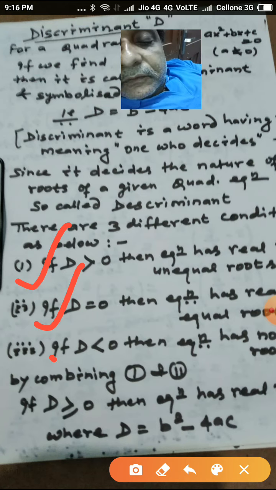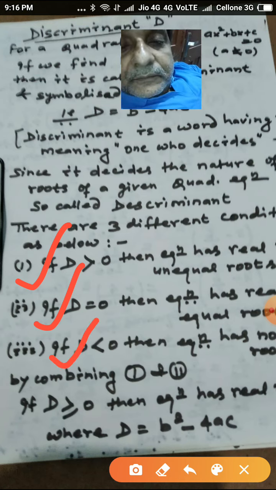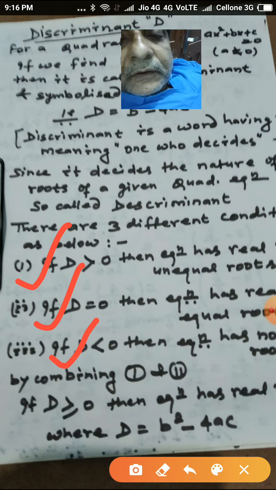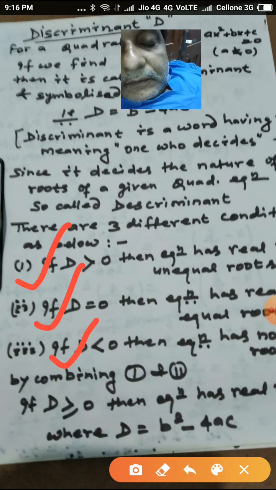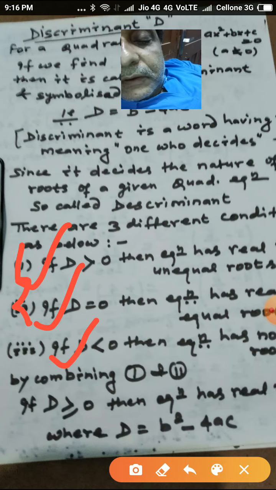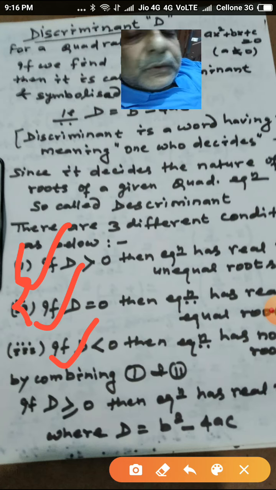And the third situation is, if discriminant comes less than 0, say negative, then for such an equation there will be no real roots. So roots are not possible. So for such an equation we will write, since discriminant is less than 0, no real roots possible for the given equation.